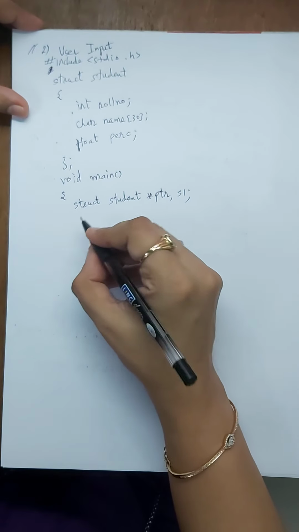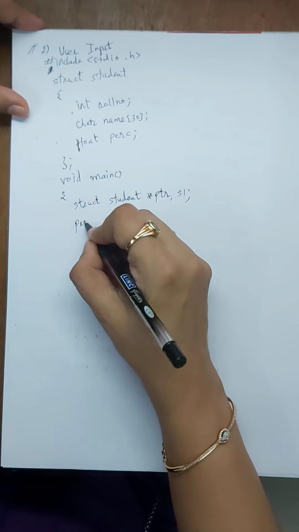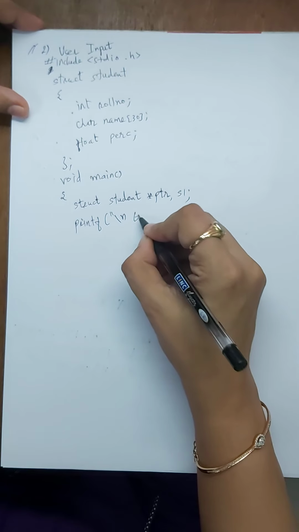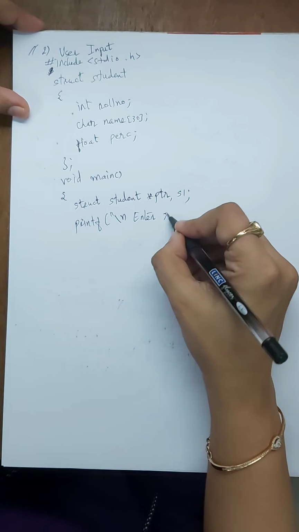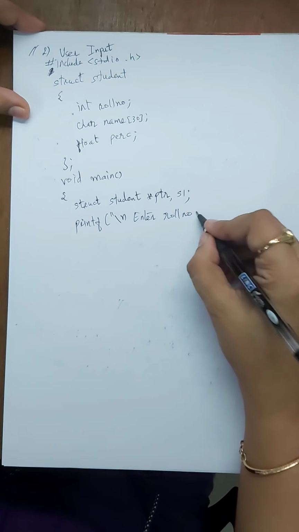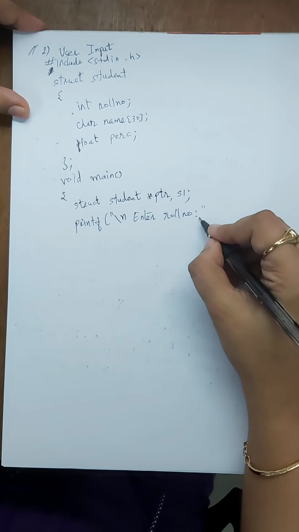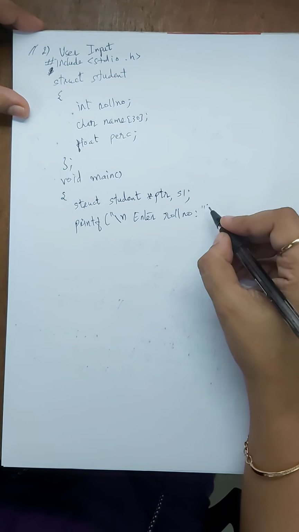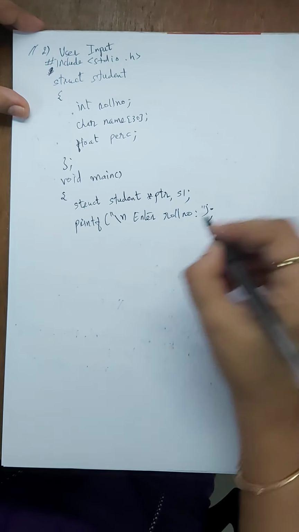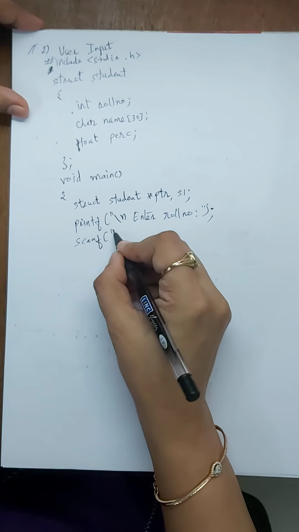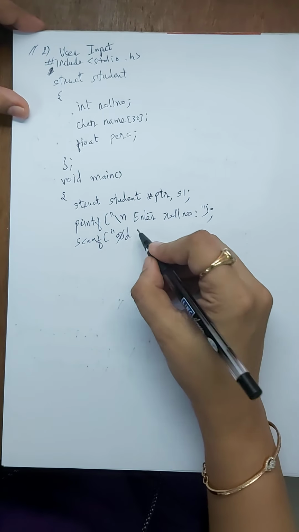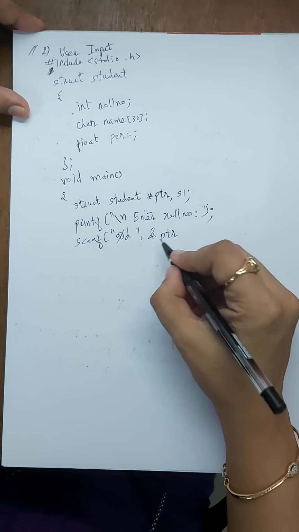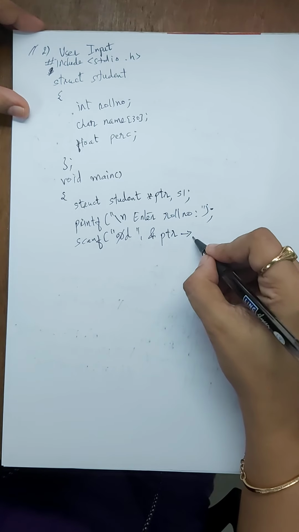So printf new line, enter roll number, and then scanf %d, ampersand. Since this is using a pointer, so ampersand ptr roll number.